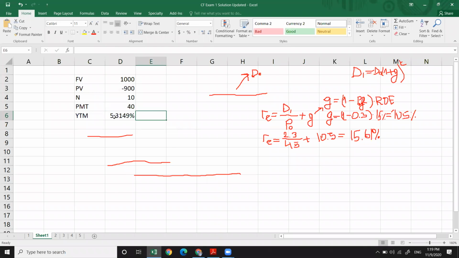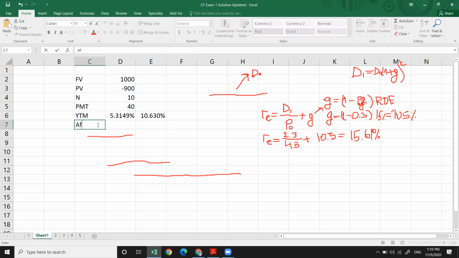And this is semi-annual based, but we need to convert into annual basis. So this times 2. And then, of course, we need to adjust to the taxes.